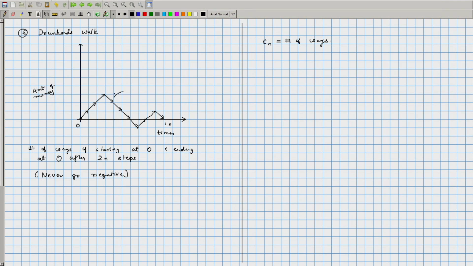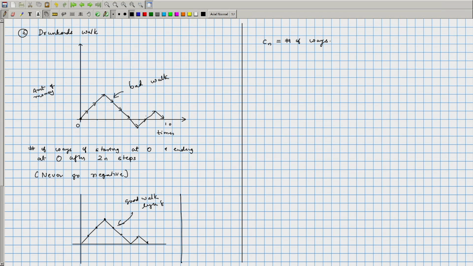So, this we will call a bad walk, whereas if you had the following walk, this is a good walk of length 8. Okay. So, we want to find the total number of good walks.